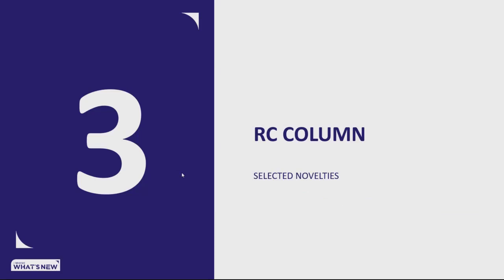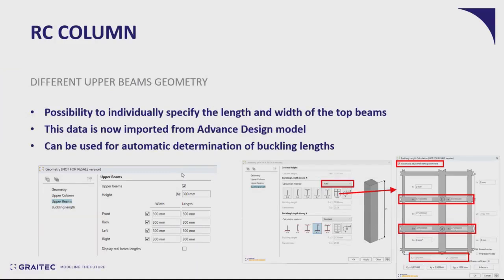So now let's talk about RC column. Again, we are talking about selected new features. Now you can define different upper columns or beams geometry when you're defining your columns.